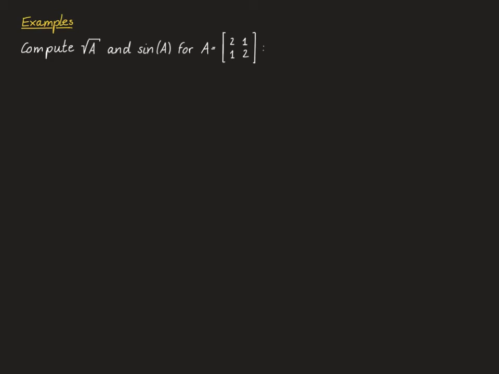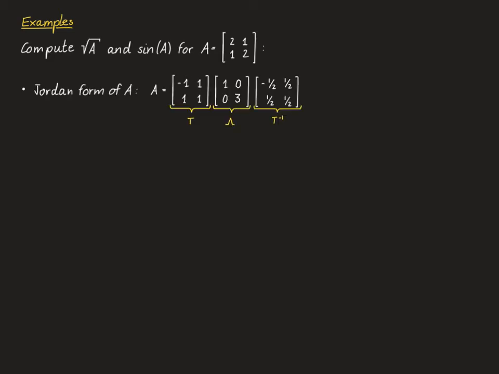Instead, the square root of A and the sign of A are calculated as follows. We first need to obtain the Jordan form of A by calculating the eigenvalues of A and the eigenvectors of A, where the result is shown here for the given matrix A. Now, for the square root of A, we take the square root of the diagonal matrix Lambda, which we obtain by just taking the square root of each diagonal element.